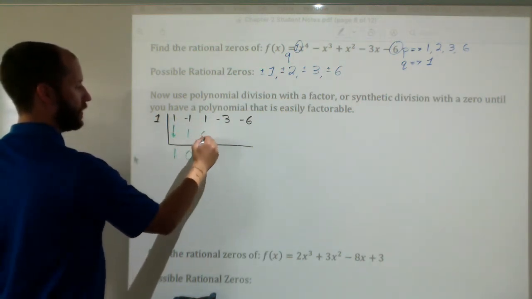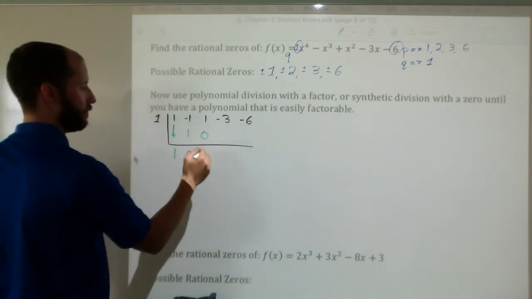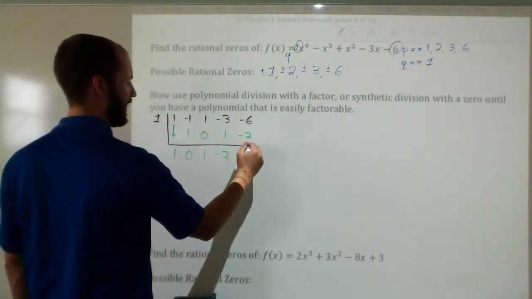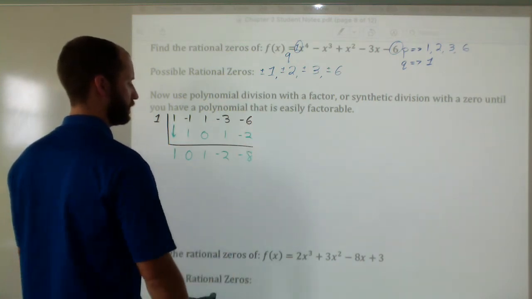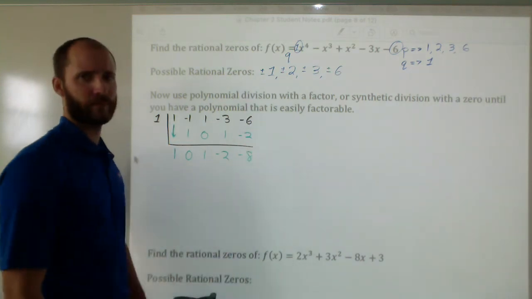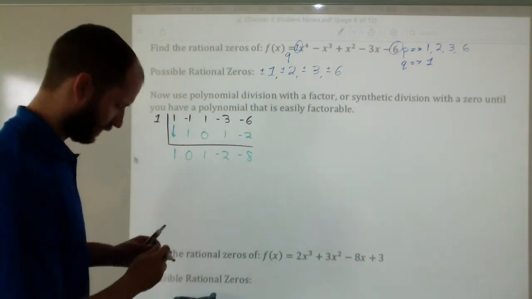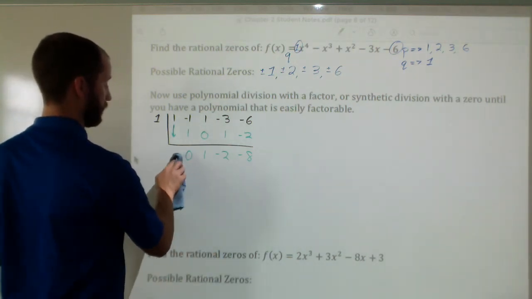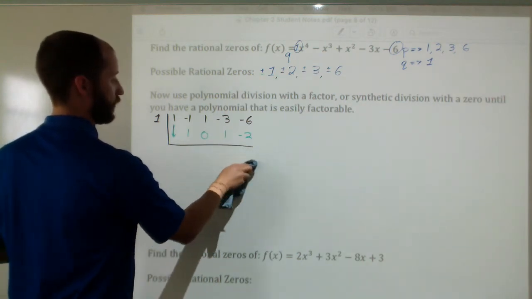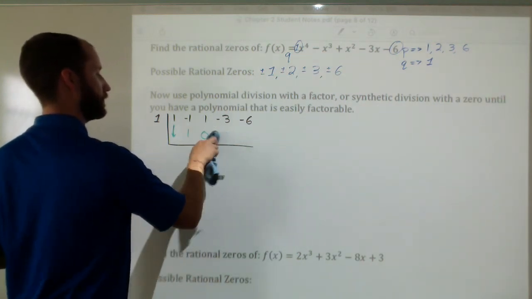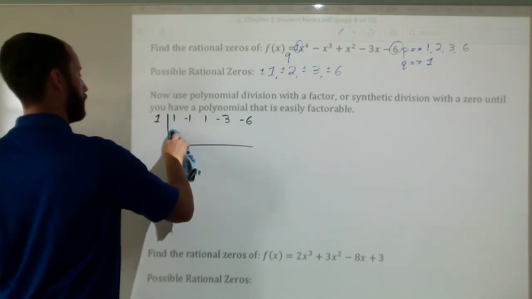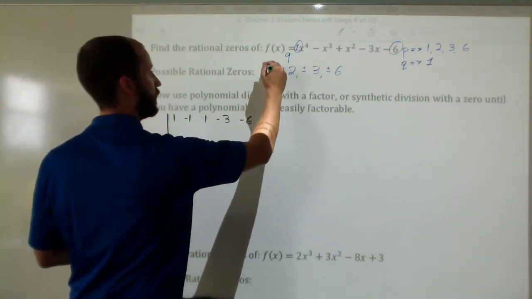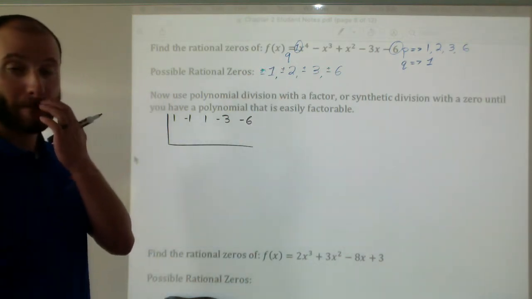Bounce it down, add, bounce it down, add, bounce it down. It didn't work. So I hope you're not using pen, because I'm going to erase all that. Positive 1 is not a 0 of this function. I'm going to cross that out.